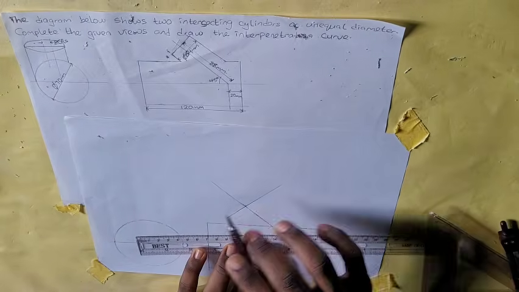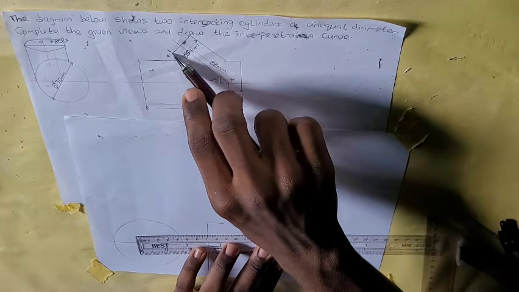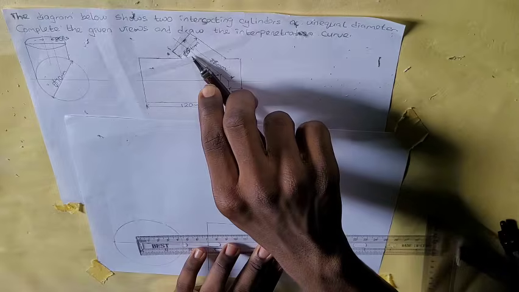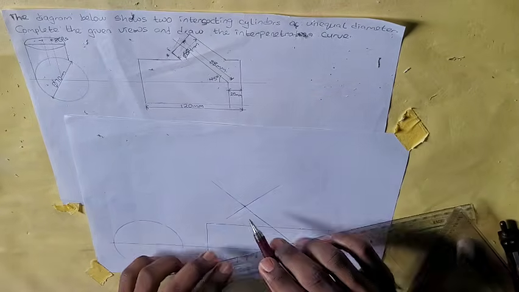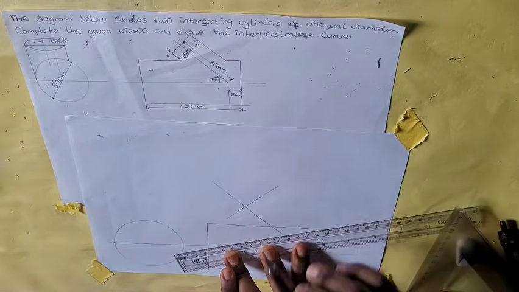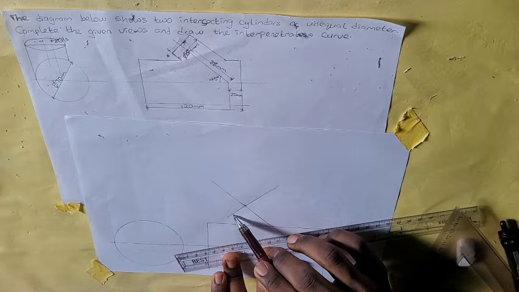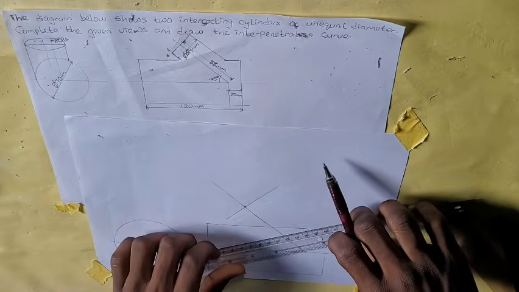Now on this line, according to the drawing, the length of this line is 54 millimeters. 54 divided by 2 is 27. That's 27 here, 27 here.